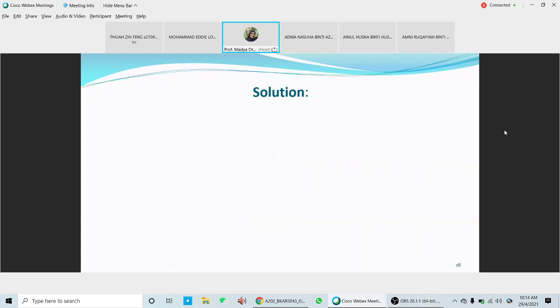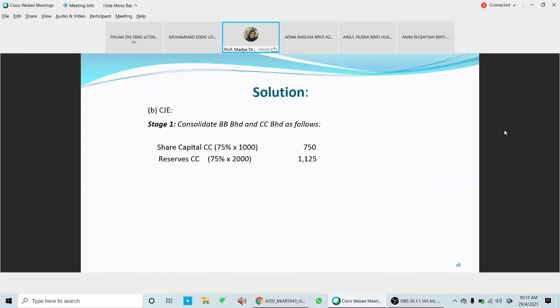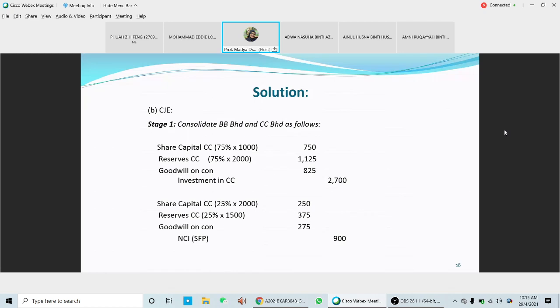Okay, now prepare the consolidated journal entry. For the consolidated journal entry, we should start with the lower tier. Lower tier means B and C. Start with this one first.